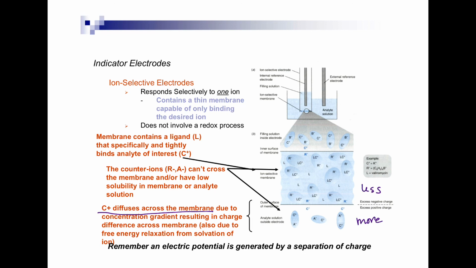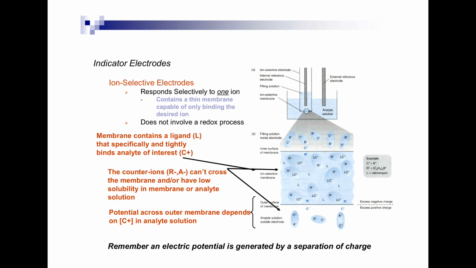So we call that a concentration gradient, and ions and compounds will always move to a place where there's basically less crowding. So the cations will move into the membrane, and because there is a separation of charge there, we're going to get an electric potential that is just sensitive to the change in concentration of those cations. And that's why we say that the potential across the outer membrane depends on the analyte solution and the concentration of those cations in the analyte solution.